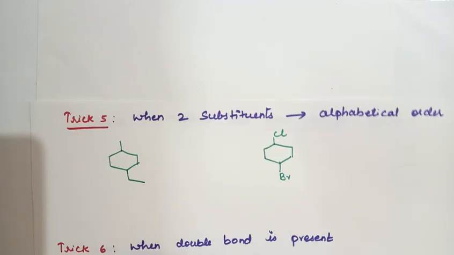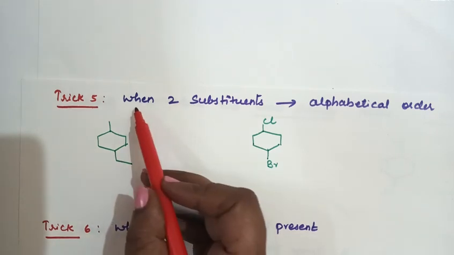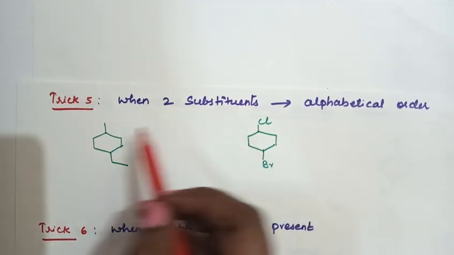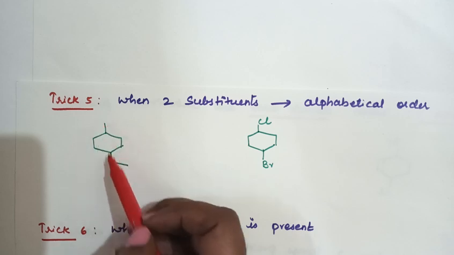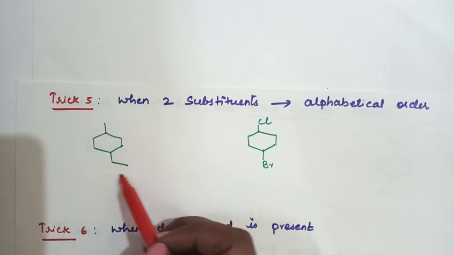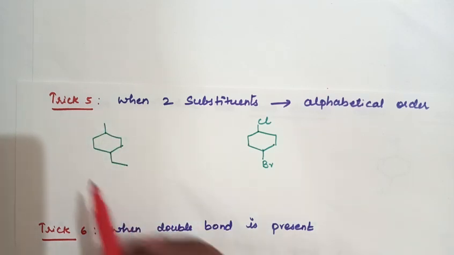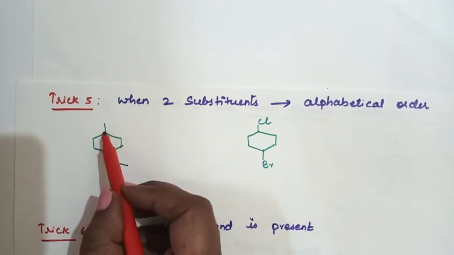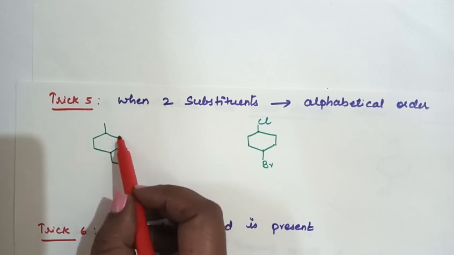So we will go for trick number 5. Here, when 2 substituents are present. See here there is a ring carbon, and then there are 2 substituents. This is one methyl group and here an ethyl group. 2 substituents are there. So how to number? Whether I have to start numbering from here 1, 2, 3, 4, or from here 1, 2, 3, 4?